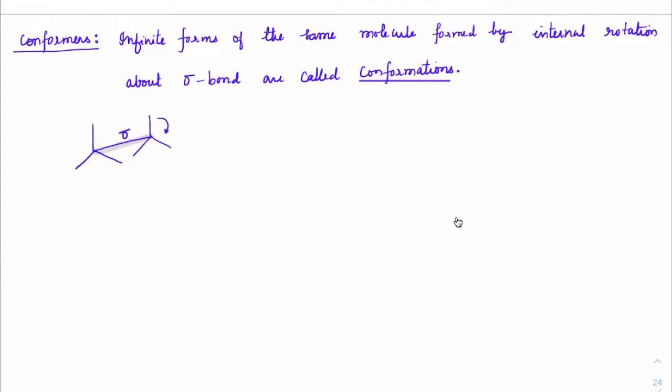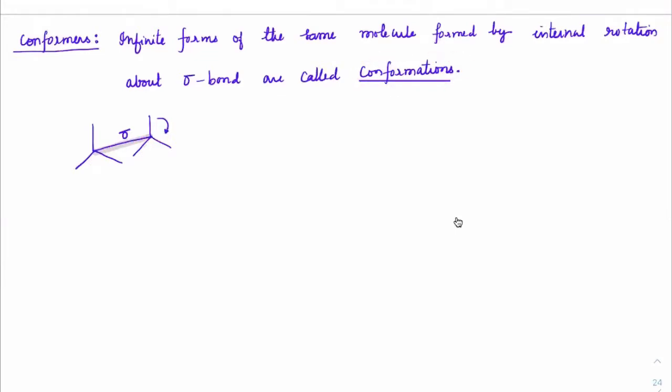Like that, if you take it for half angle, I will get 360 times 2. Like that, if you do for every smallest of the angles, how many can you get? Infinite. Got it? So I can get infinite forms of molecules just by changing small angles internally with respect to the sigma bond. All those are called conformations.